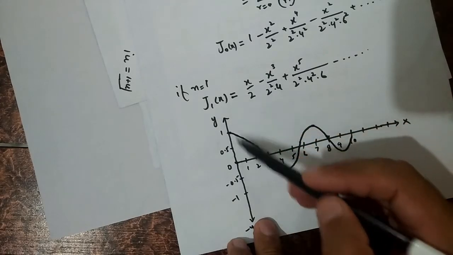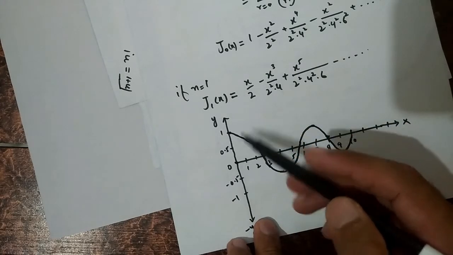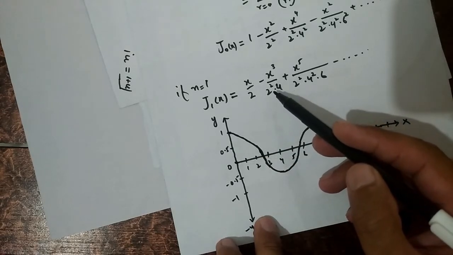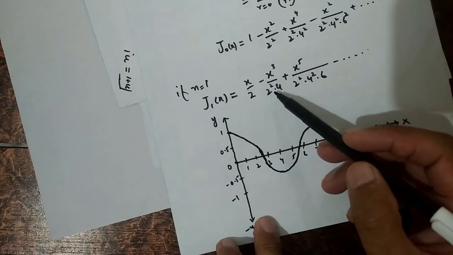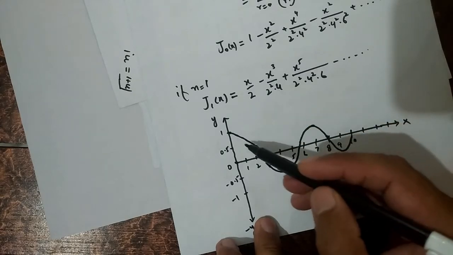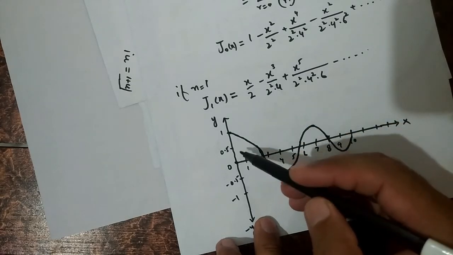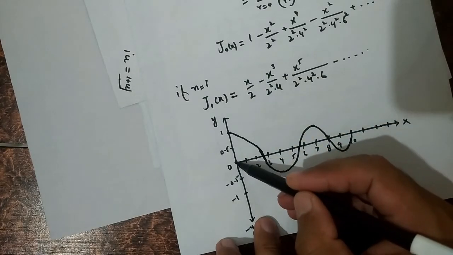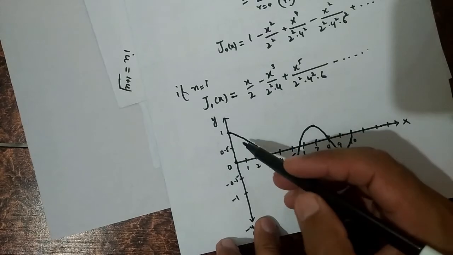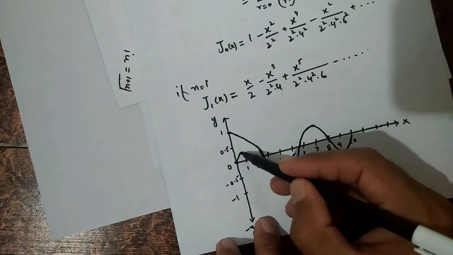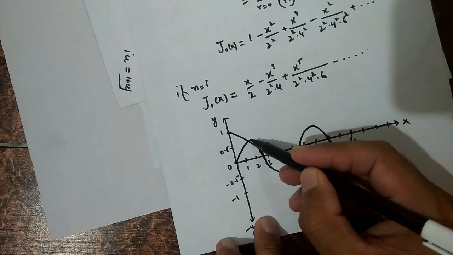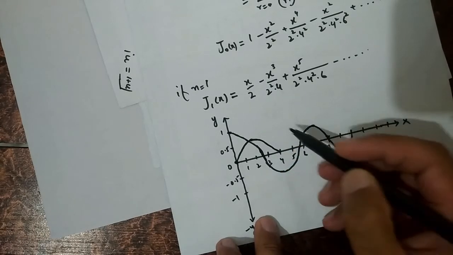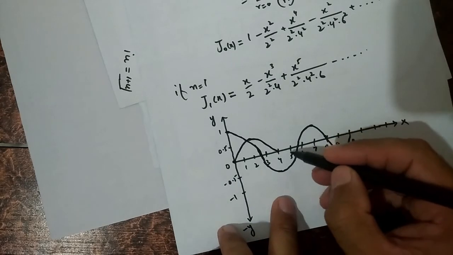For x equals to 0, it will give us 0, and for x equals to 2, the value will become maximum, because this will become positive, and it will reach up to this one. And for x equals to 4, it will become 0.